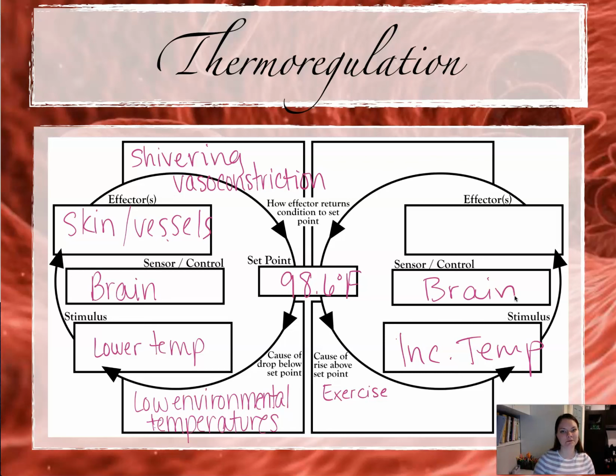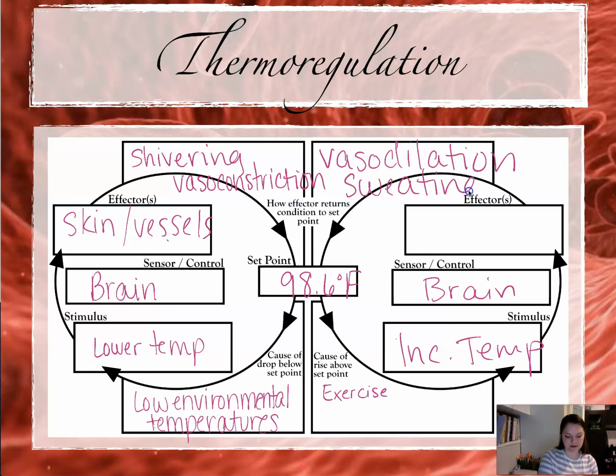Unit 2, water, sweating. So we're going to have a process of vasodilation, bringing more heat to the surface, and sweating that's going to allow for that evaporative cooling to occur to drop the body temperature back down. And in this case, same effectors as what we saw on the other side.